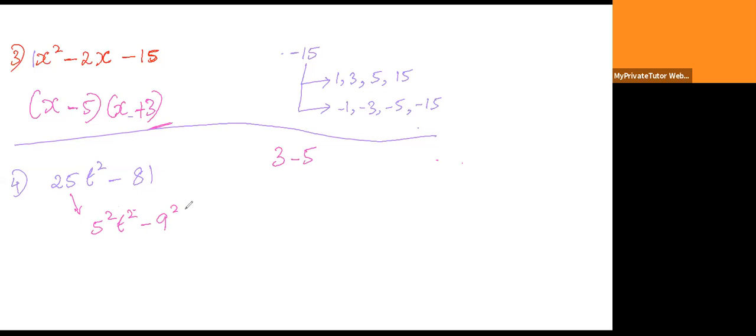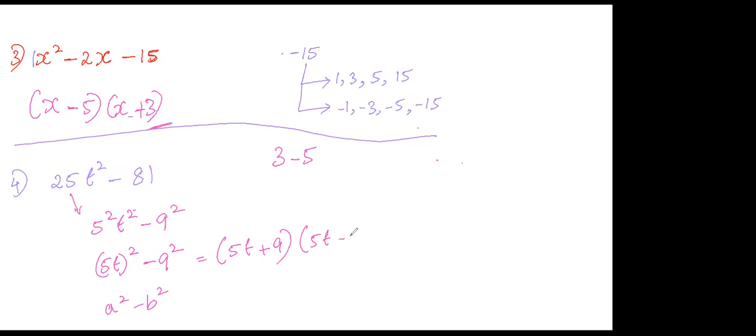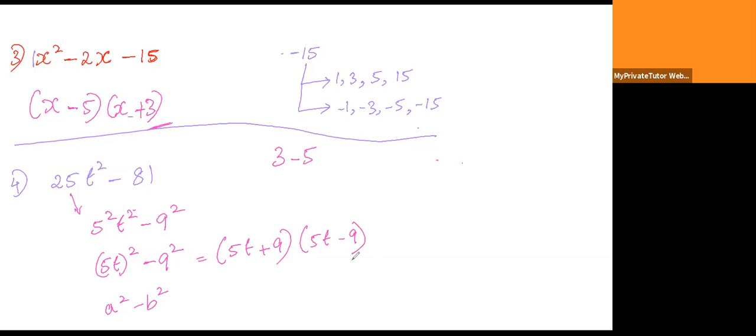It is 9 squared. So we can write it as (5t) whole squared minus 9 squared. This is in the form of a squared minus b squared, which means (5t plus 9) and (5t minus 9). These two are the factors of this question.